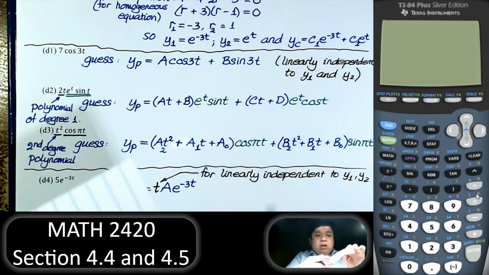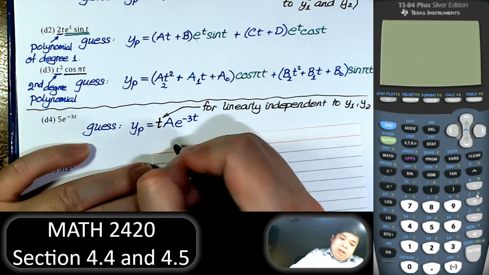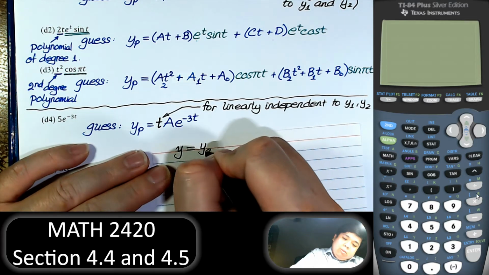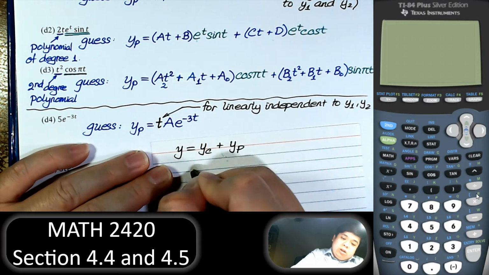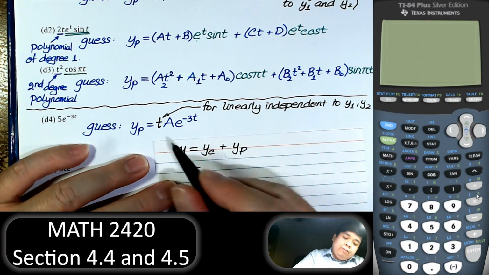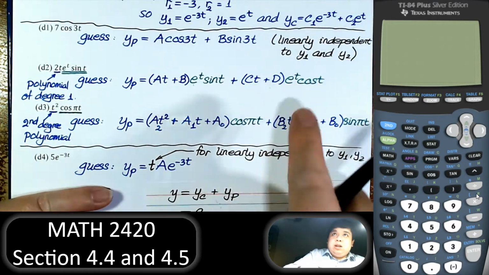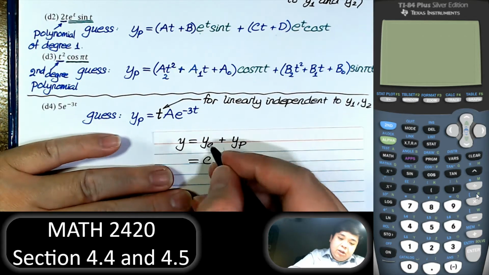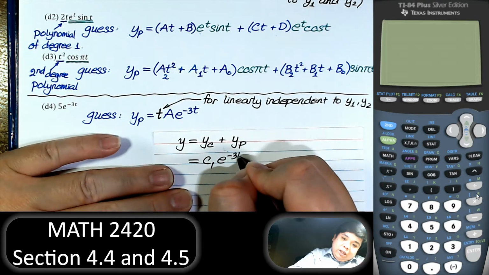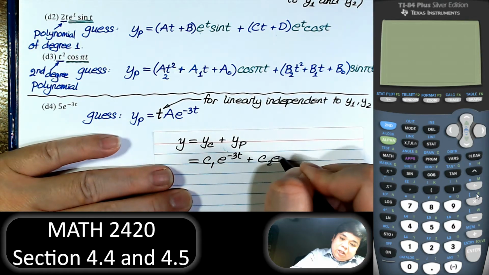Now, because of the way we write the solution, y equal to complementary solution plus particular solution, if we write out the complementary solution, it is here. C1 e to negative 3t plus C2 e to the t.